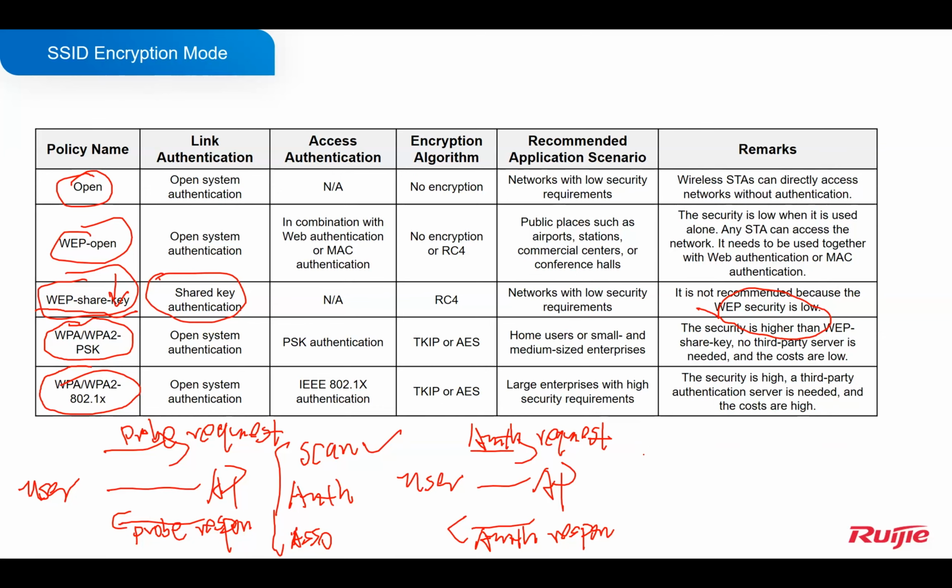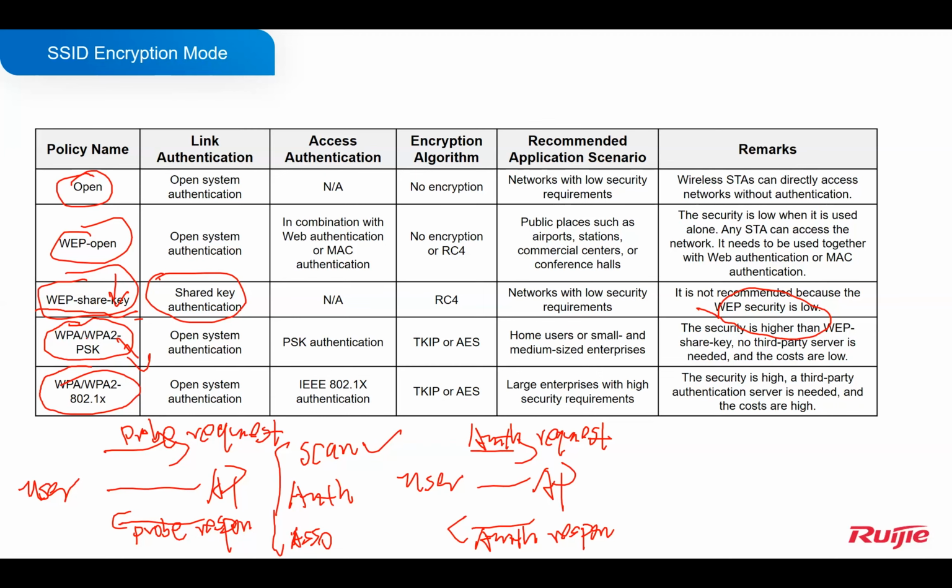If the results match, we can answer the authentication response. If the results fail, we feed back the failure to the user, so that the user can't access the network.